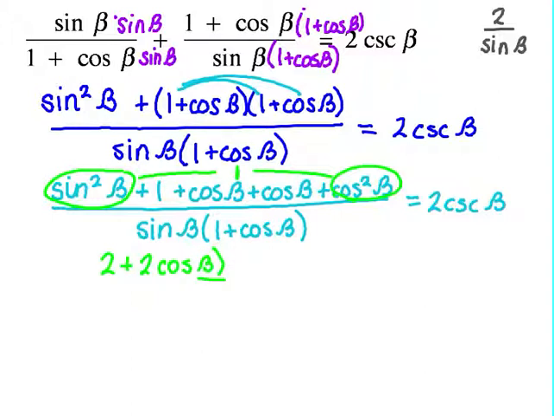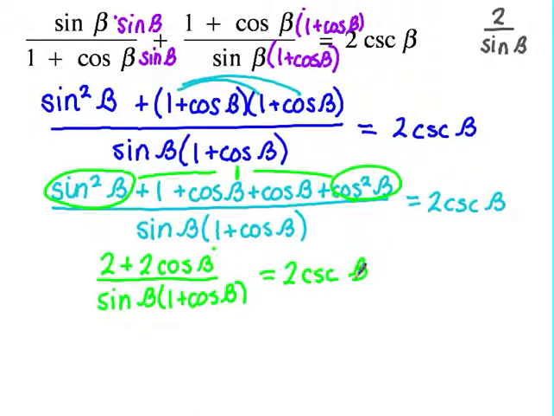Just a second, I don't have parentheses there. Silly. Okay. Now you might be seeing already the path we can take. What do you notice in the numerator? You can take out a 2.